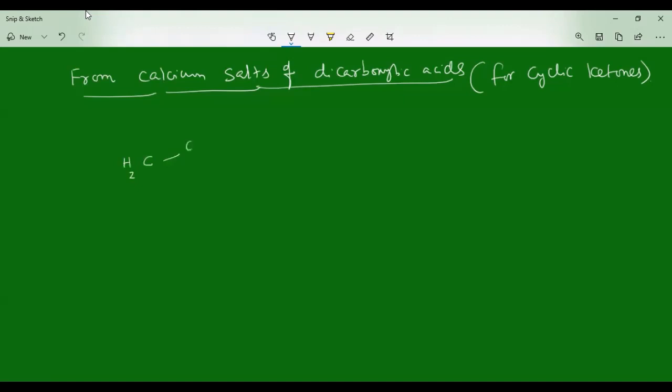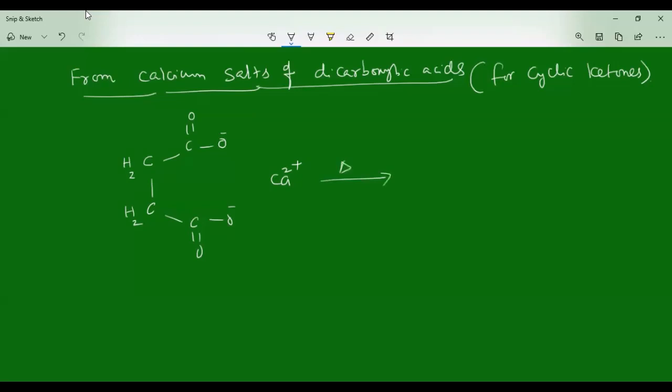I am taking a dicarboxylic acid calcium salt like this. This is the ion of that dicarboxylic acid, with calcium. So this is a calcium salt of a dicarboxylic acid. There should be 2 COOH groups, with hydrogens removed, so we get the dicarboxylic acid salt ions mixed with calcium.